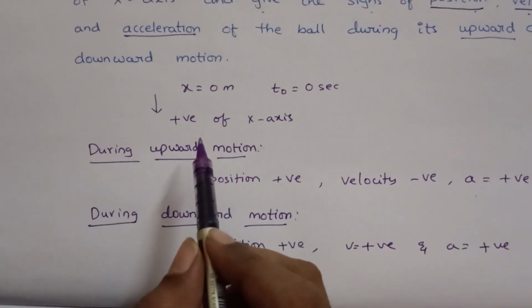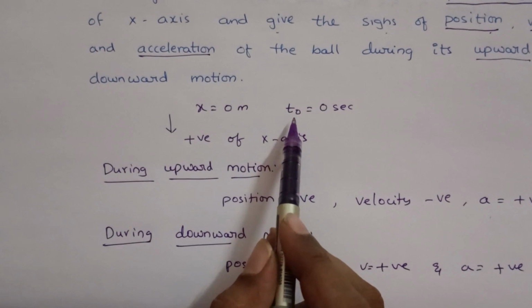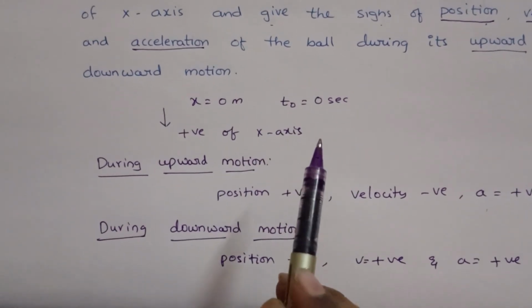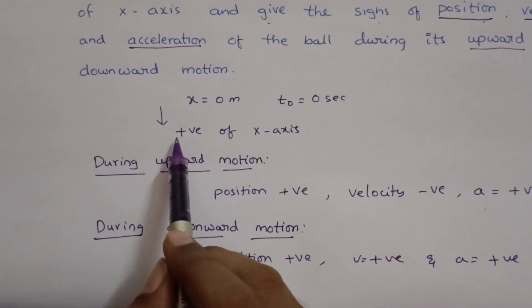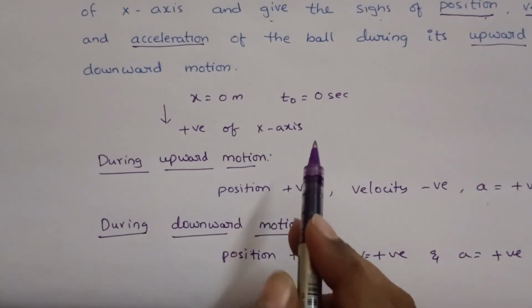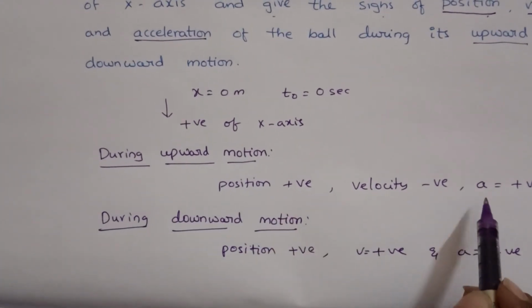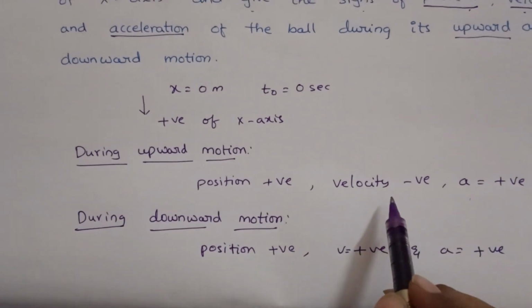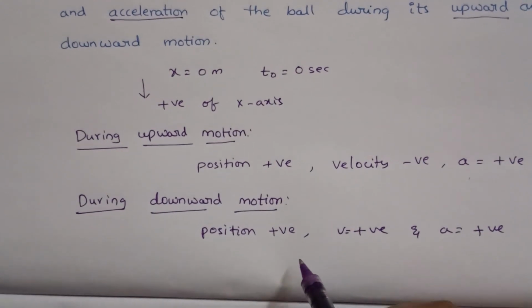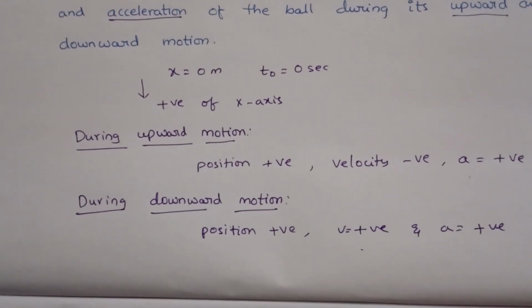When we consider the body coming down from x equal to 0 meters and t equal to 0 seconds at the highest point, it is positive towards the x-axis. So during upward motion, acceleration is positive and velocity is negative. During downward motion, position, velocity and acceleration are all positive.